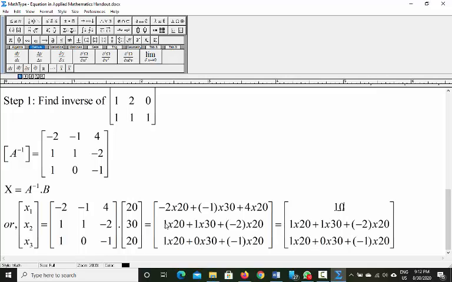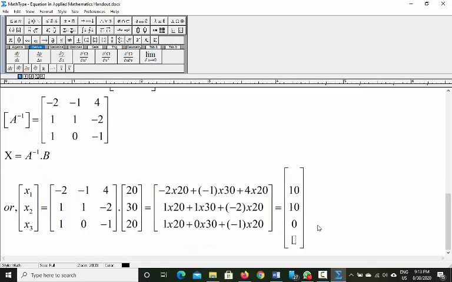For the second row, 20 plus 30 is 50, 50 minus 40, again 10. So here also 10. For the third row, 20 minus 20 is 0. So here this one is 0.